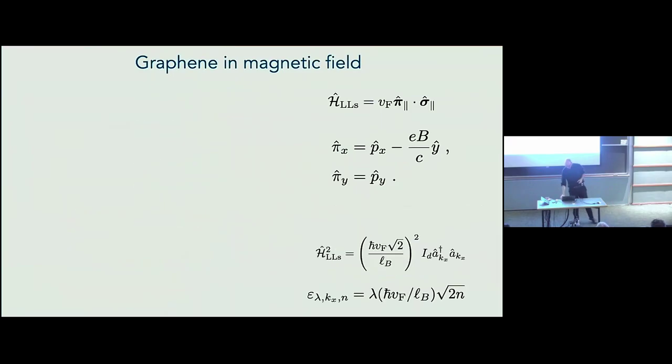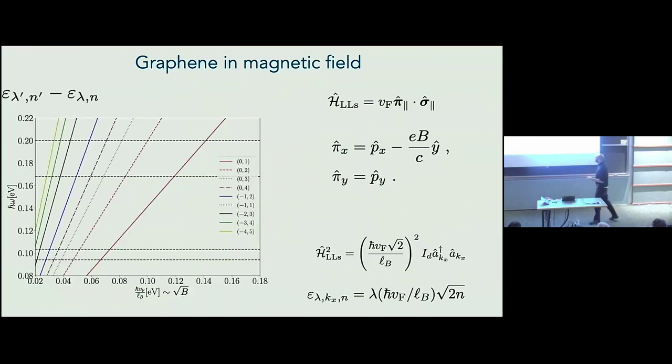And this Hamiltonian can be diagonalized, and you can see the transition, so this is the energy of the transition, as a function of this ratio, which experimentally you can manipulate by tuning the magnetic field, and you can see that you have a lot of transitions.